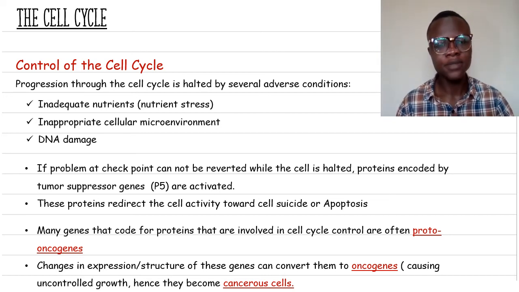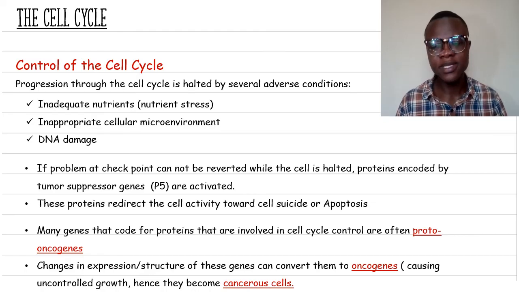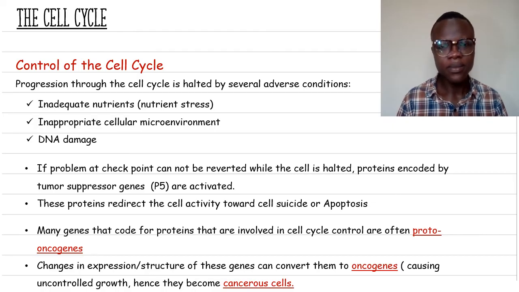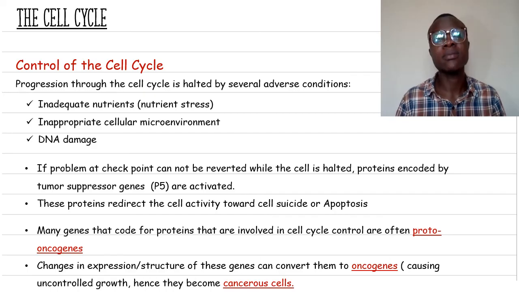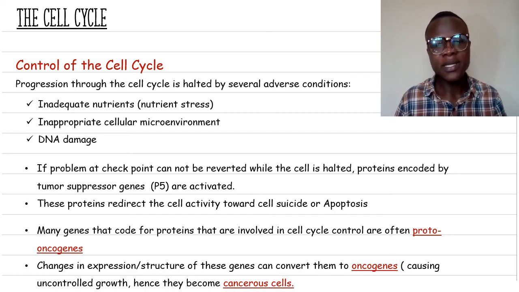Next, we talk about various restriction points, right? If you can recall, restriction point 1, 2, 3, 4, and so forth. If a cell is kept at any of those restriction points and the reason for which it is being kept there is not solved, let's say, for example, the cell has DNA damage and it cannot progress from G1 to S phase, or from S phase to G2 phase, that damage should be repaired.